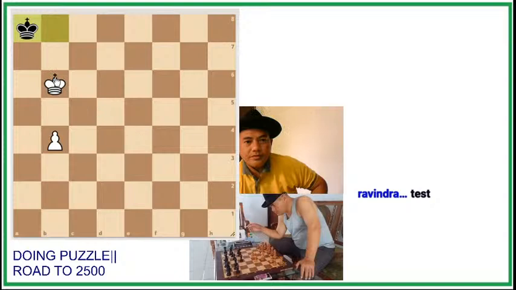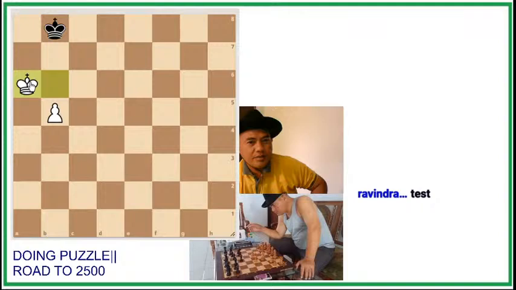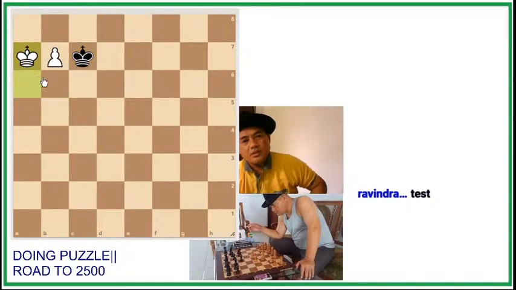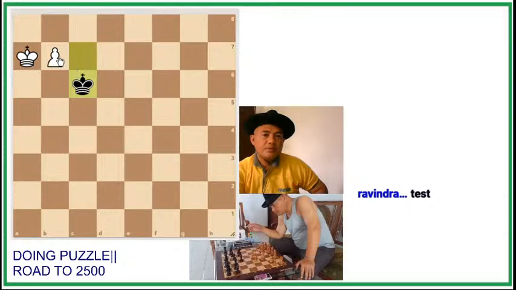So after black goes there, maybe you still can push the pawn and then come again, and even if black has the opposition, now you can move your pawn and promote the pawn to queen.